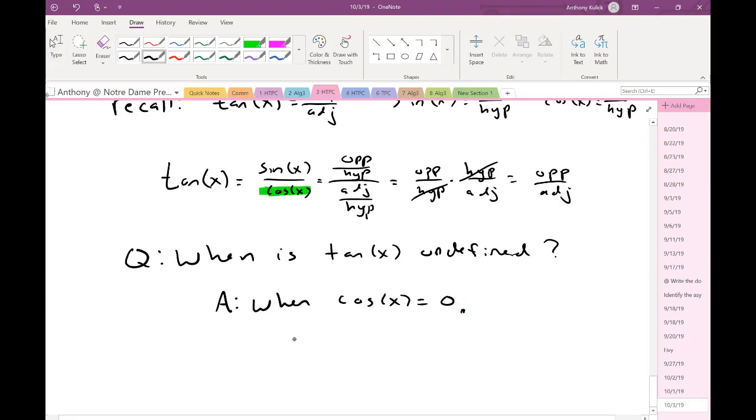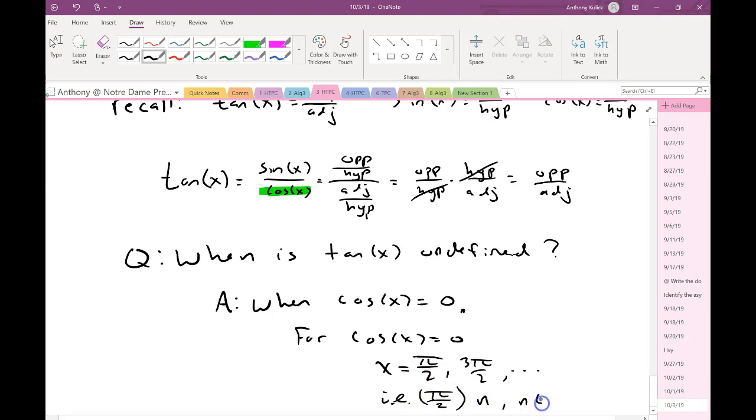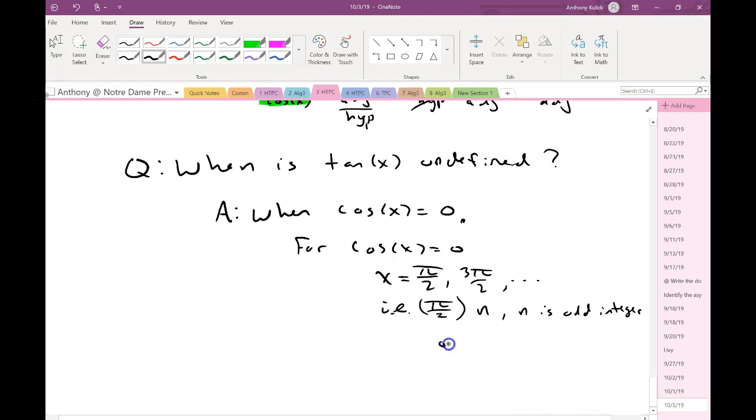And if I recall, for cosine x equal to 0, x could be pi over 2, 3 pi over 2, etc. i.e., we have pi over 2 times n, where n is an odd integer. Or you could think about it as pi over 2 plus n pi, where n is any integer.